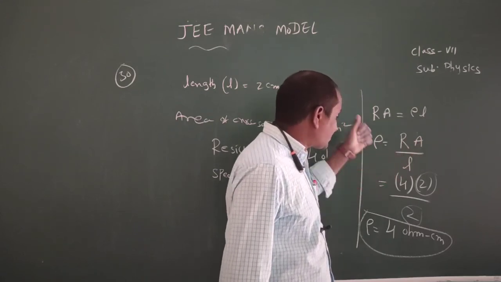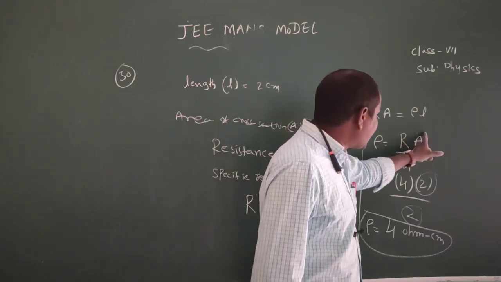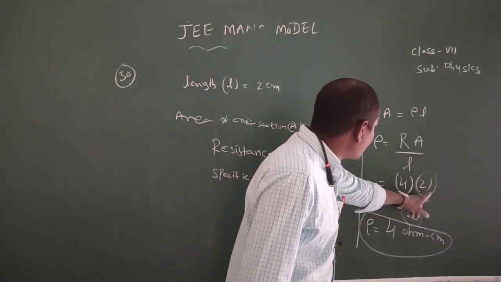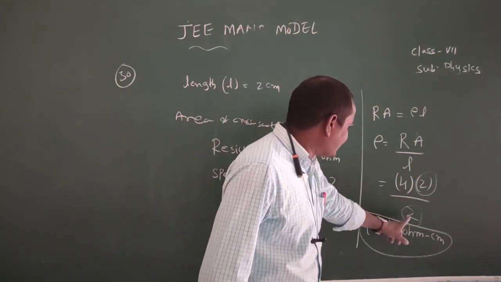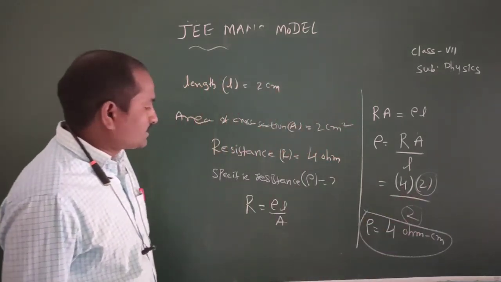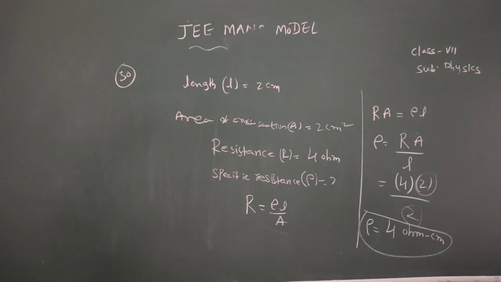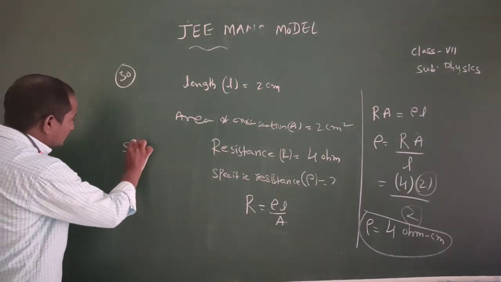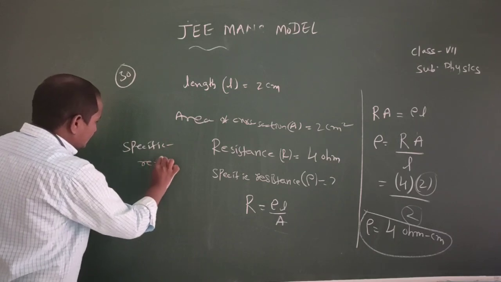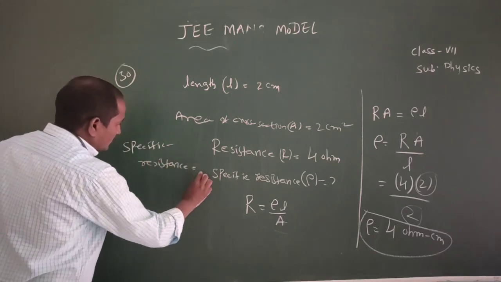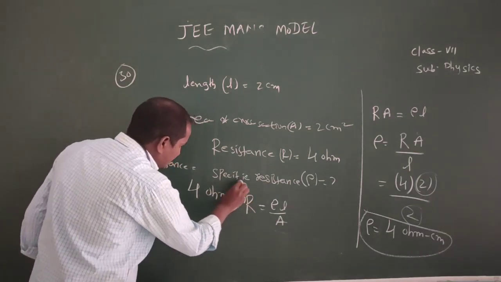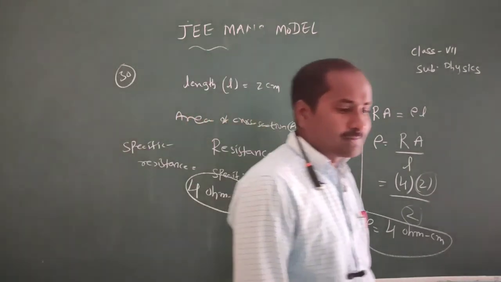Therefore specific resistance equals resistance into area of cross section by L. So R equals 4, A equals 2 by length 2. So 2 gets cancelled, remaining value 4. Therefore specific resistance is equal to 4 ohm centimeters. It is the answer.